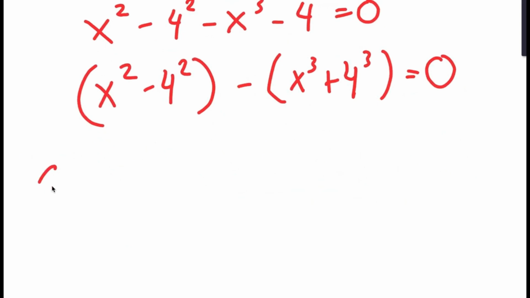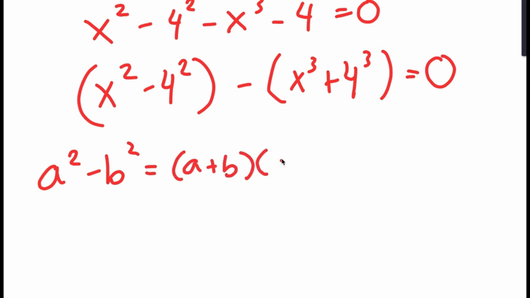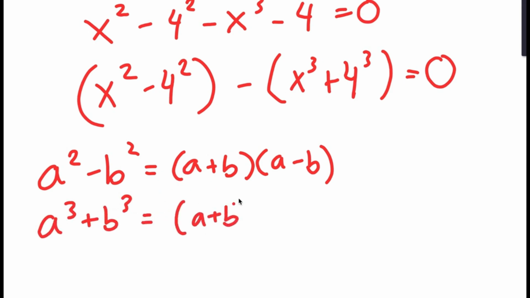Now, there are two properties that I'm going to use. If I have something in the form a squared minus b squared, this is equal to a plus b times a minus b. And if I have something in the form a to the power of 3 plus b to the power of 3, this is equal to a plus b times a squared minus ab plus b squared.